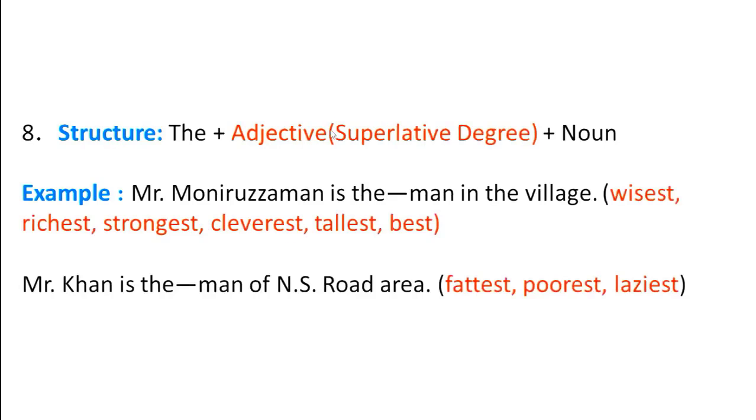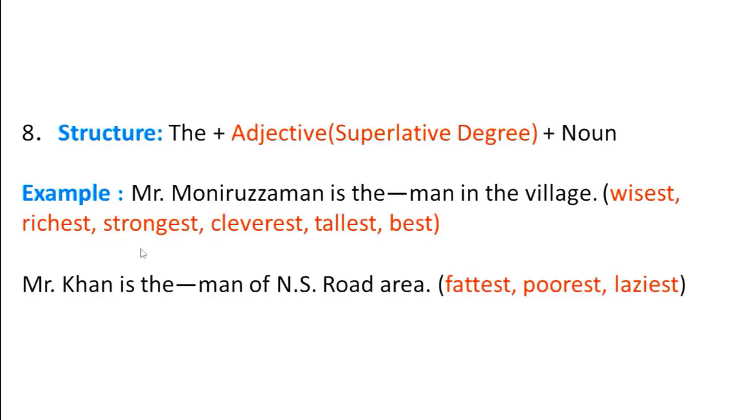Look at number 8. If you find definite article the, then gap, then noun, in this gap, you can use an adjective, that means a superlative degree. Look at the example. Mr. Monirujjaman is the best man in the village.